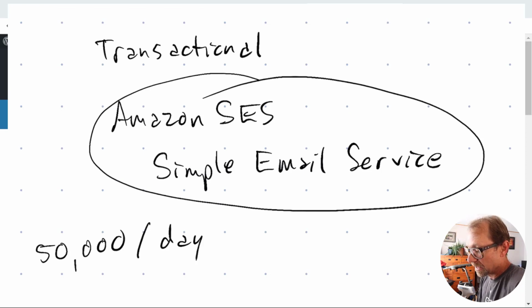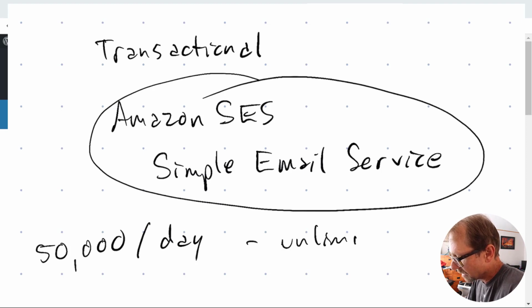The number of people that I can send to using that service is basically unlimited over time. And I can send up to 14 emails per second.